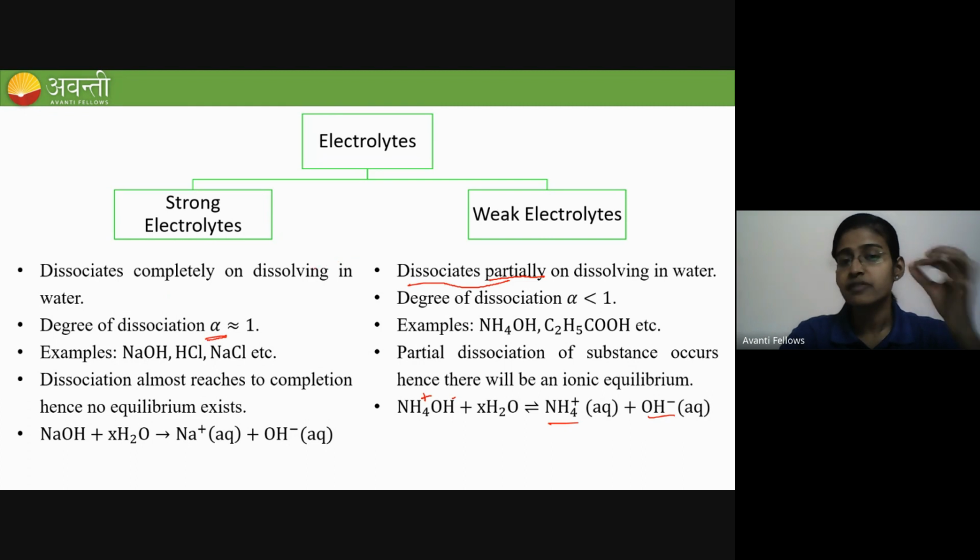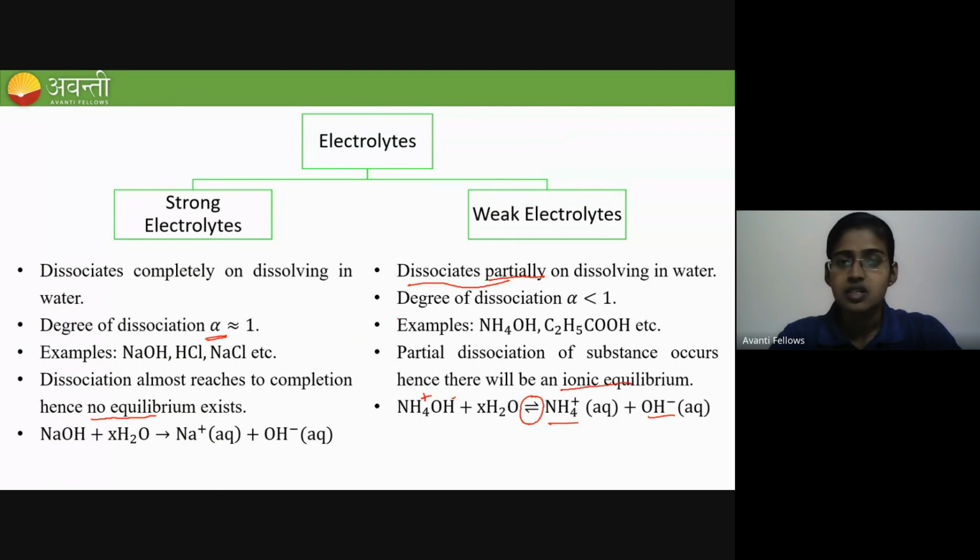Because of the interaction between the cation and anion, they can combine with each other and form the reactant back again. That's why it is said that partial dissociation of the substance occurs, and hence there will be an ionic equilibrium. So here no equilibrium, and here we have the ionic equilibrium.